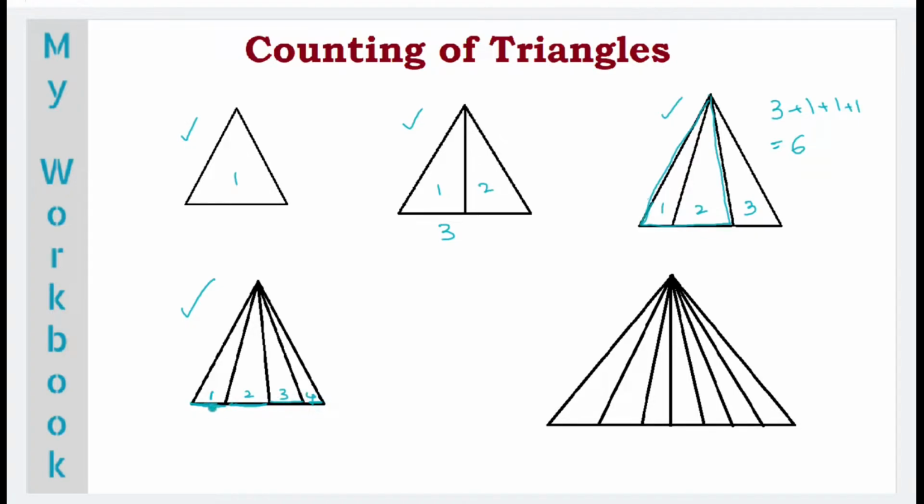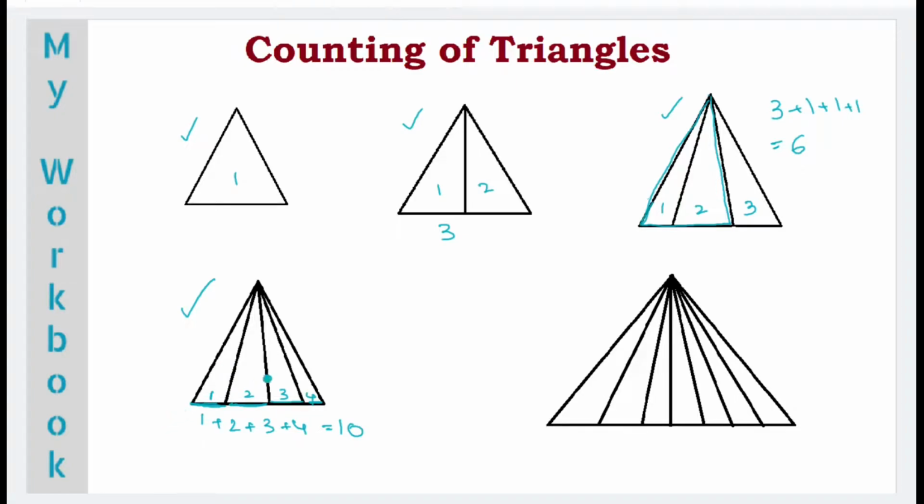So I've just numbered the different segments into which the baseline has been divided. Just add these numbers, 1 plus 2 plus 3 plus 4. It will be 3, 6 and 10. So 10 is the total number of triangles that can be formed from this image.